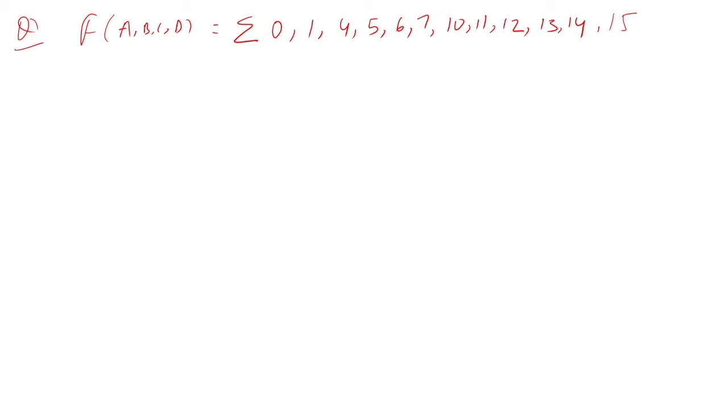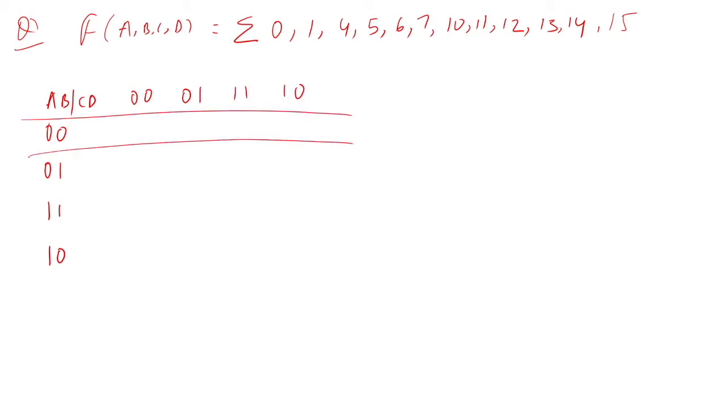Now let's take this example. Summation of 0, 1, 4, 5, 6, 7, 10, 11, 12, 13, 14 and 15. Now we can make the Karnaugh map here. So 0, 0, 1, 1, 1, 1, 0. 0, 0, 0, 1, 1, 1, 1, 0.